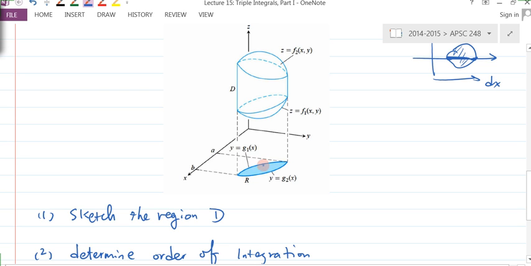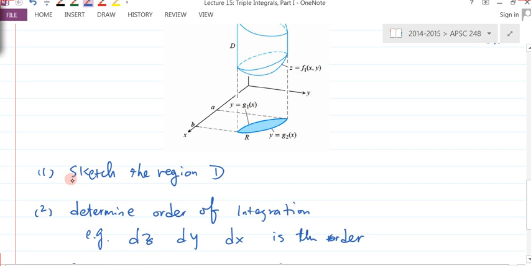We start from a point inside the shadow of this region D. In the first step, you're not just sketching the region D. More often you also need to sketch the shadow, or the projection of D, in a certain plane, and that plane is based on the order of integration.